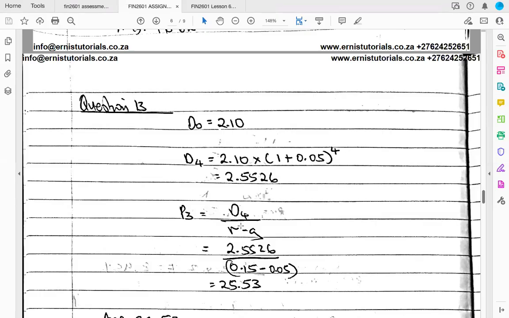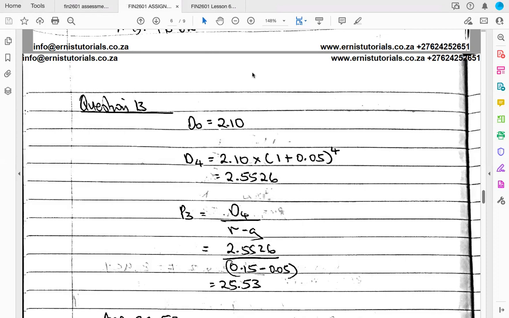So that will give us D4, and then once we have D4, we can easily calculate the price at time 3. We simply take the dividend at time 4 divided by our required return minus growth, and then we get 25.53.